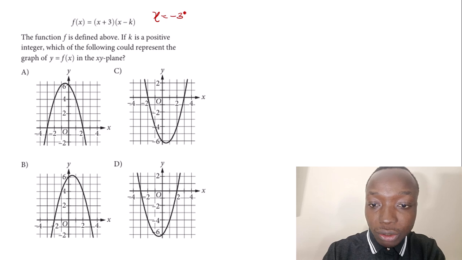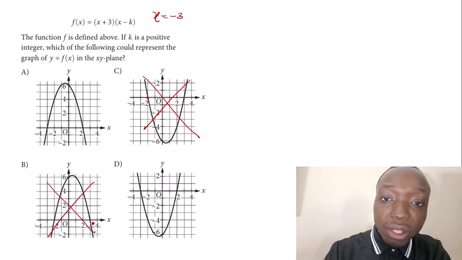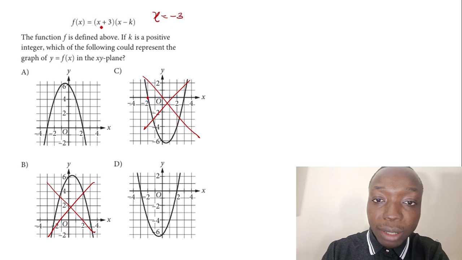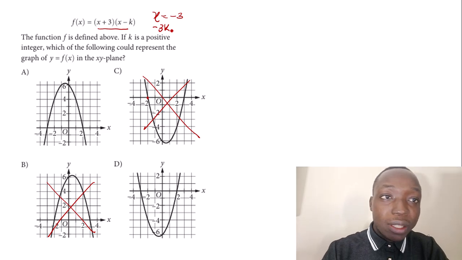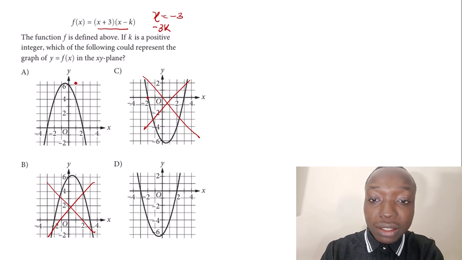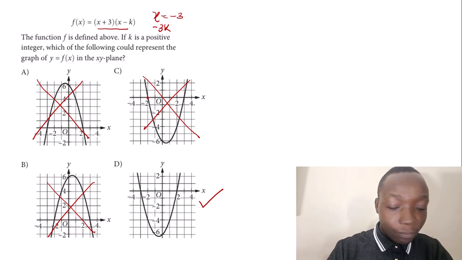Based on that, you can see that this is out because this is -2, not -3. This is also out. Now, by the time you expand this, you're going to have minus 3k as the constant, which means our y-intercept is going to be a negative constant. So this gives us a positive y-intercept, so it's out. So your answer is option D.